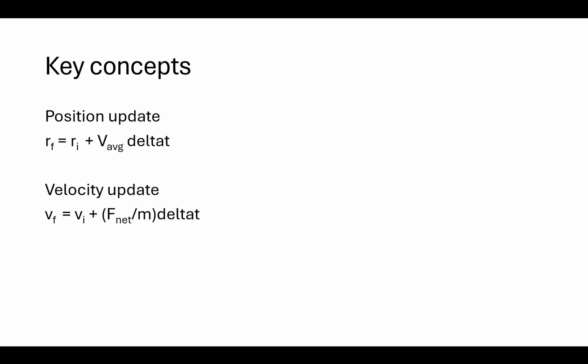And some further key concepts: our position update formula, final position equals initial position plus average velocity times delta t, and our velocity update formula, velocity final equals initial velocity plus acceleration times delta t.